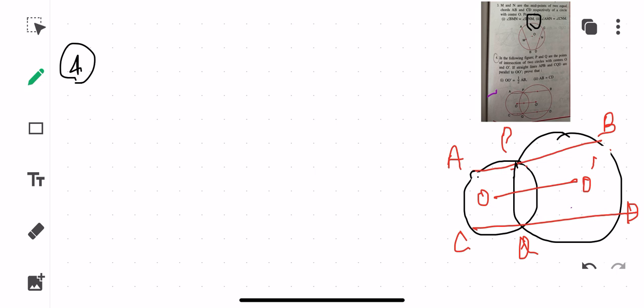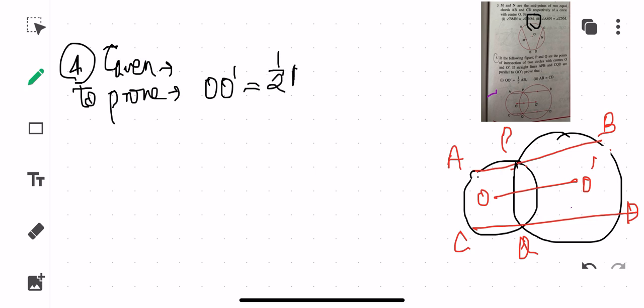If you had studied the midpoint theorem, children, this question would have become very easy. But since you have not done the midpoint theorem, we'll have to go for a longer one. So here, what is given? Nothing has been given, just two circles. So there's nothing to write. To prove, write down OO dash is equal to half AB. This is what you need to prove.